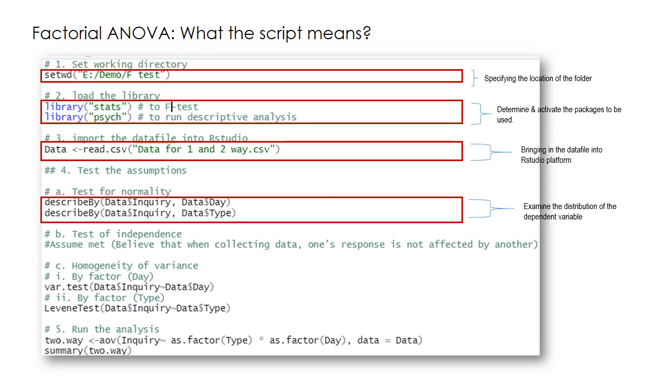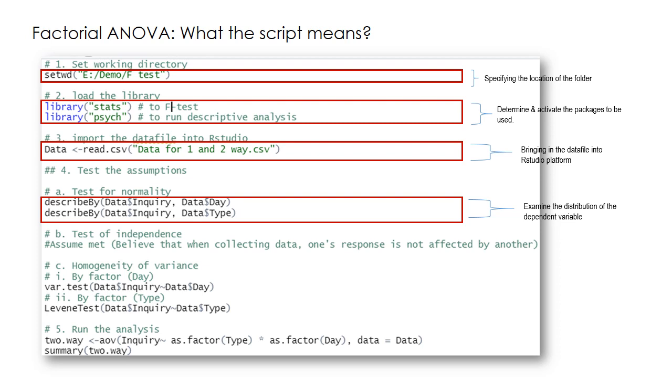So what the function is telling is, please explain the normality for the inquiry from the data file called data. I'm labeling my data file as data, and there is a variable called inquiry.